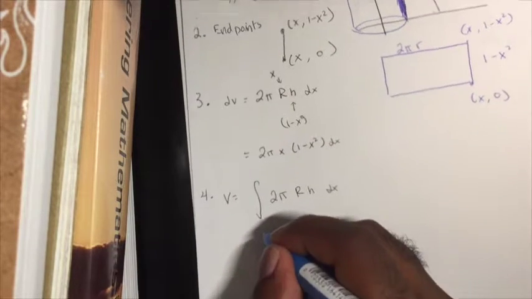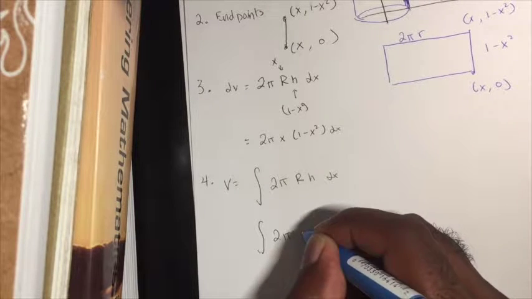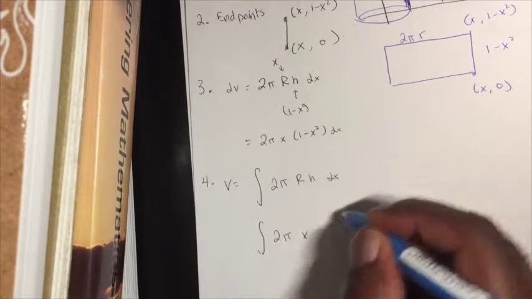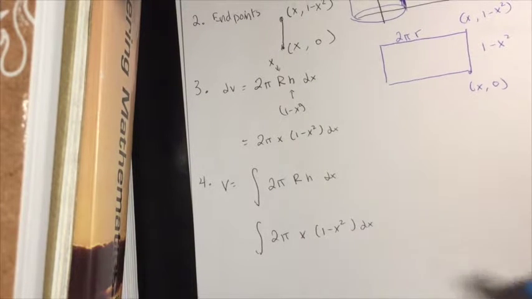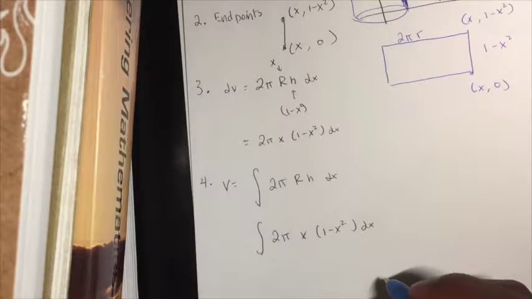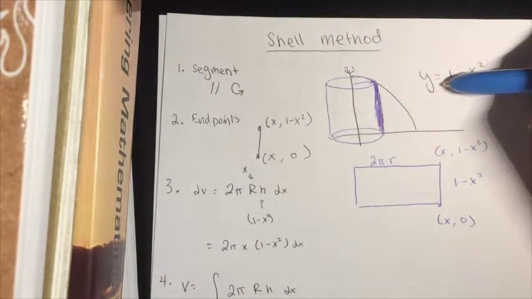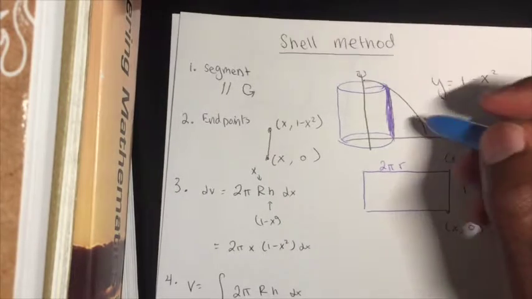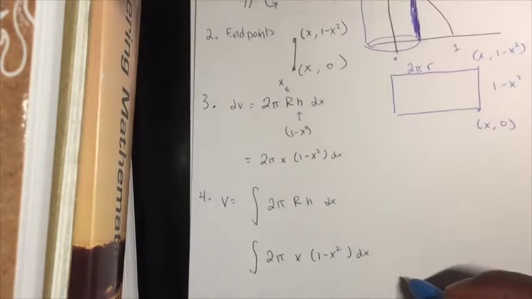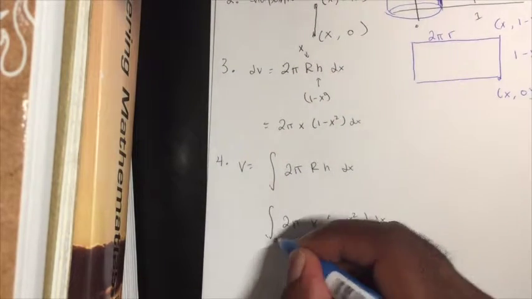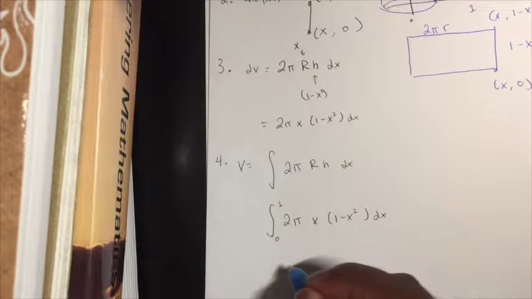In this case, it'll become volume equals 2 pi times x, which is our radius, and for h, 1 minus x squared, dx. And in this graph of y equals 1 minus x squared, our endpoints are going to be 0 to 1. So we are integrating from 0 to 1. Now, to integrate this is very simple.